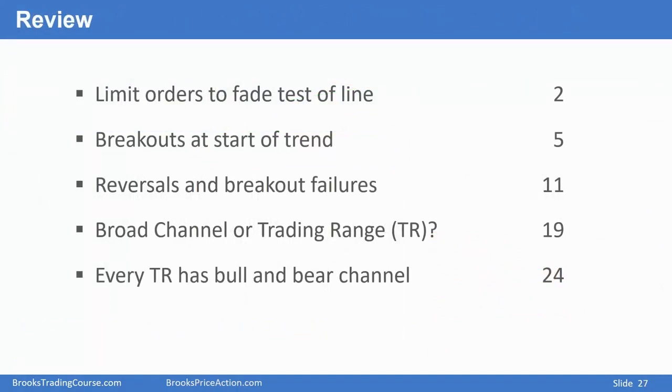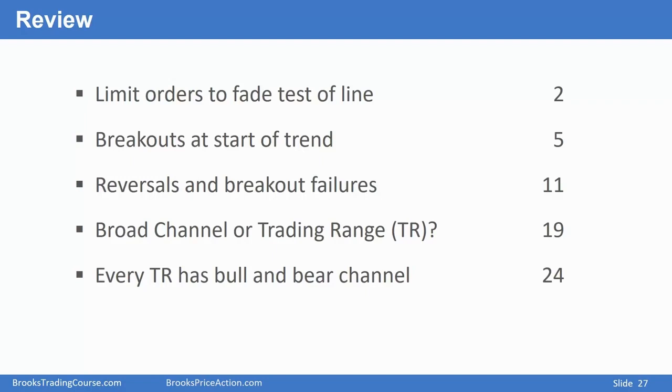I began by talking about using limit orders to fade tests of channel lines, top or bottom. I then talked about how most trends begin with a breakout, even if the breakout is not that obvious. I talked about reversals and how breakouts often fail and lead to reversals. Then trading ranges and broad channels.